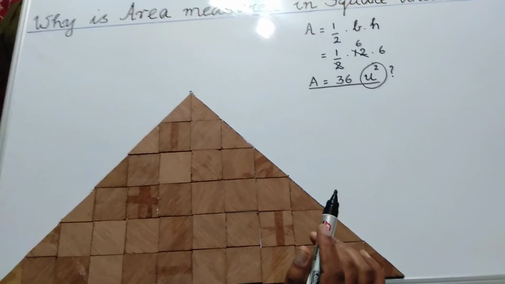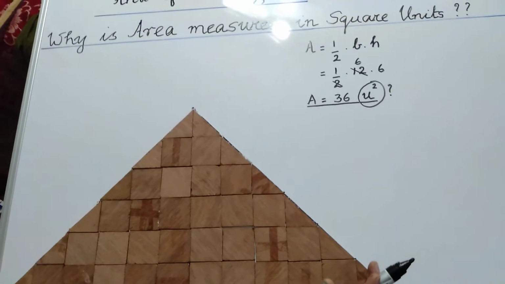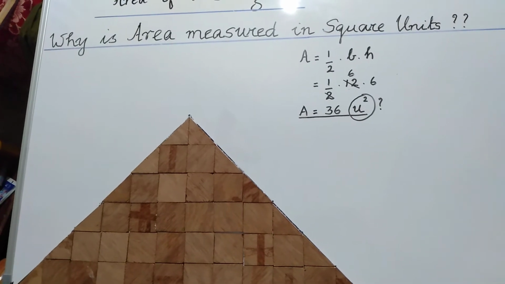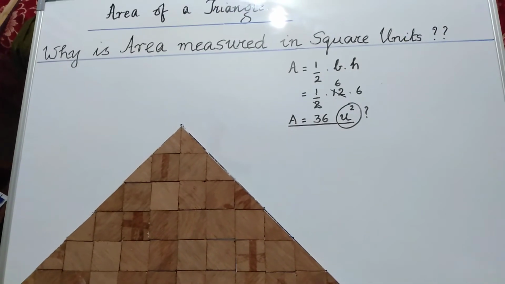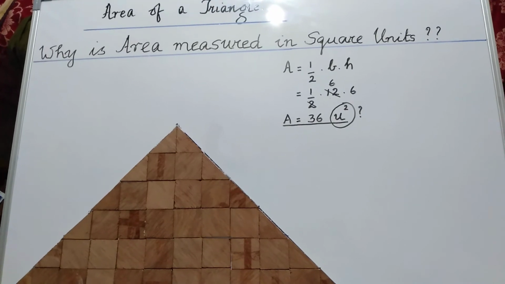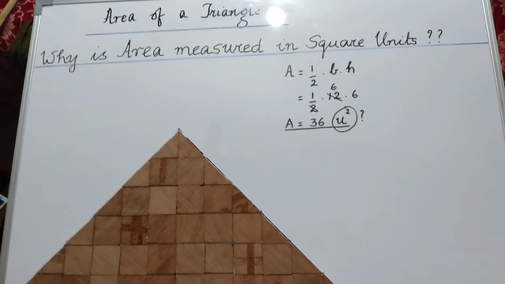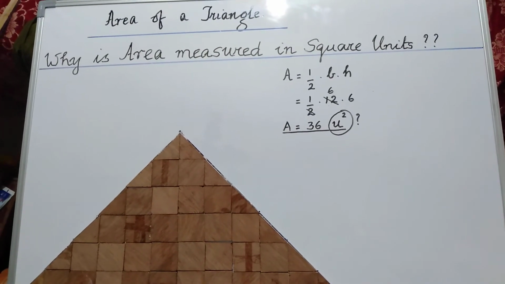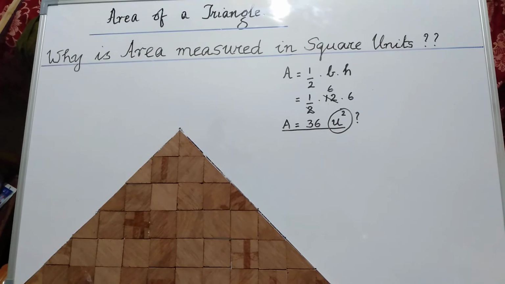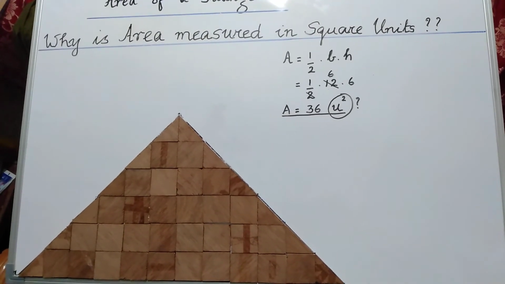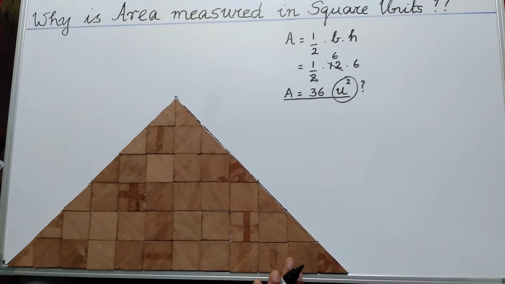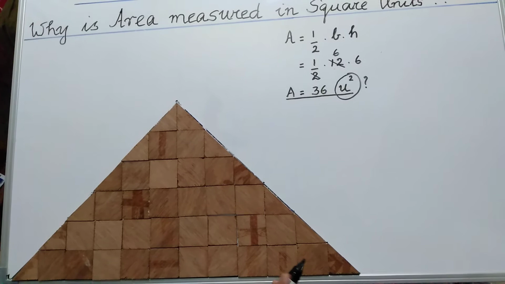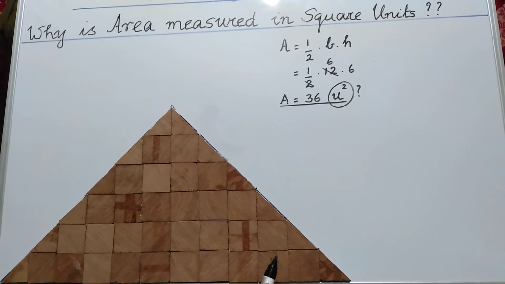So why is the area measured in square units? Area of a figure is the number of unit squares that cover the surface of the closed figure. I again repeat, please give attention. Area of a figure is the number of unit squares that cover the surface of the closed figure.